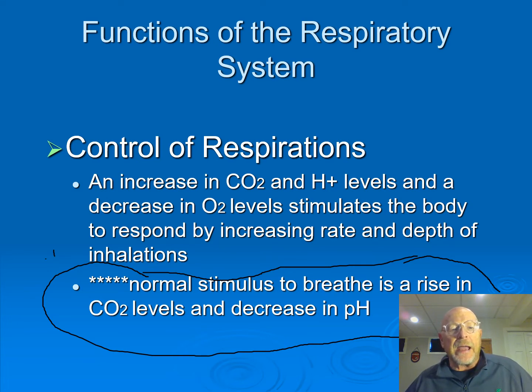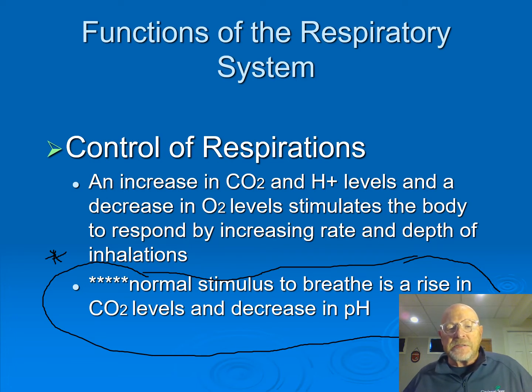For people who have healthy lungs, the normal stimulus to breathe is based upon our CO2 levels. So we take a breath, we exhale, and our CO2 levels rise. Then when our CO2 levels rise, the body sends a signal and we take a breath.